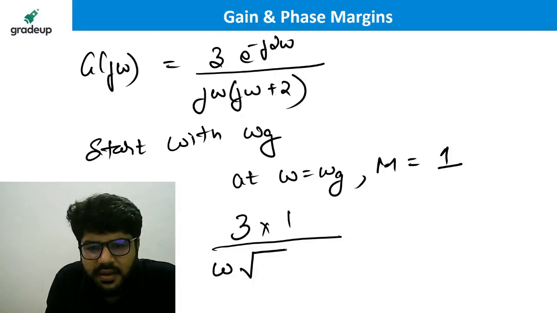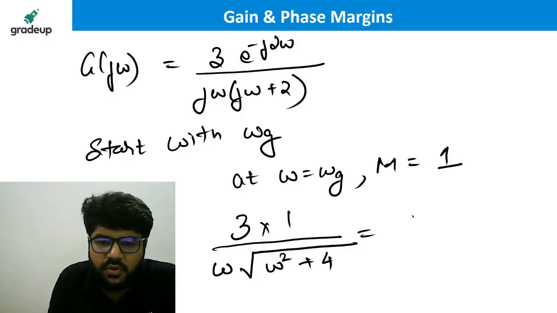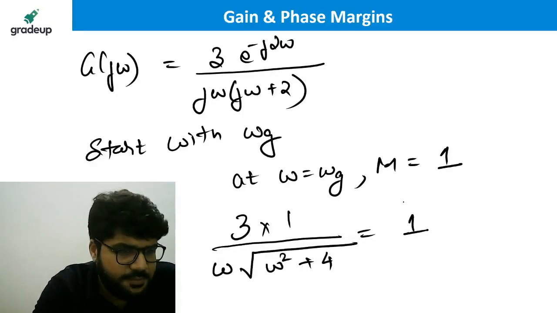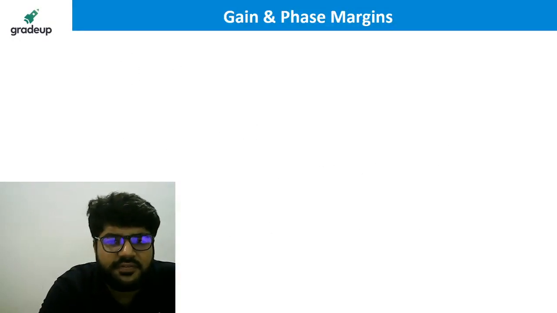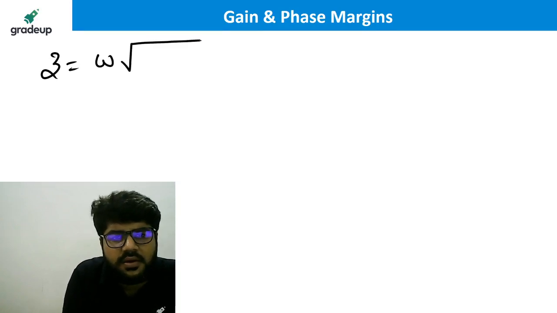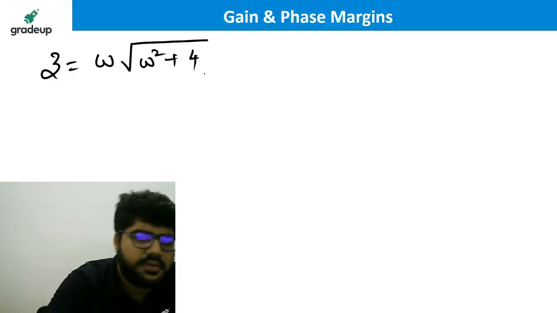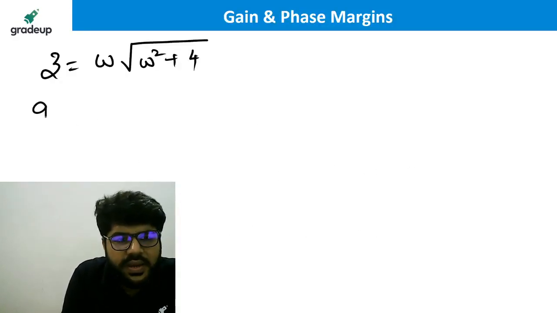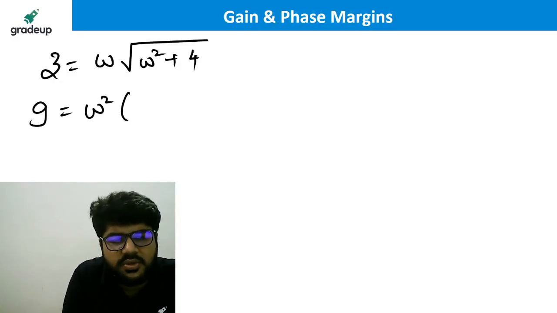Divided by ω√(ω²+2²), that is 4, and equate this to 1. So I have 3 = ω√(ω²+4), correct?